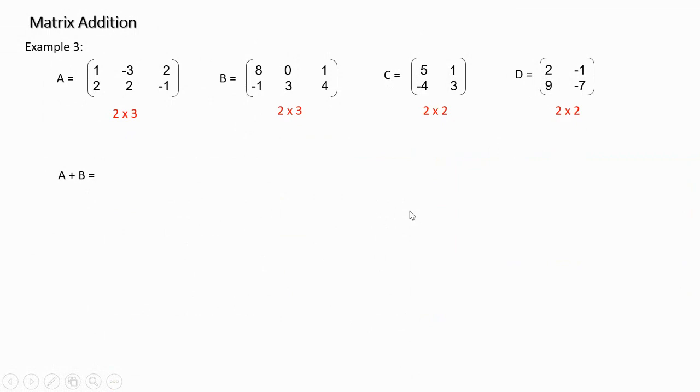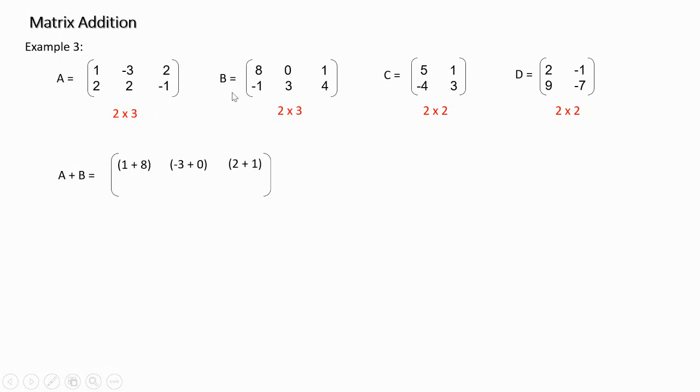Now let's add matrix A plus matrix B. Can we do the operation? Sure we can, because they're both the same size. So what we're going to do is 1 plus 8, negative 3 plus 0, and 2 plus 1.